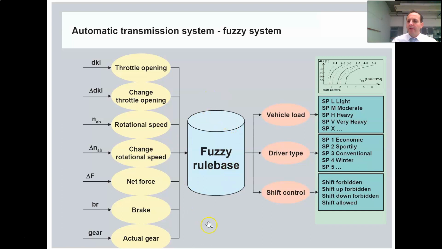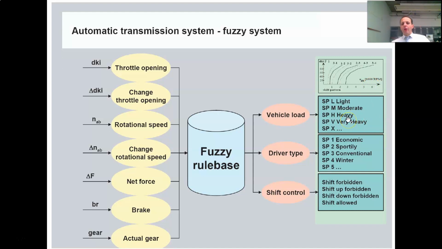So you will have a fuzzy rule-based system which evaluates and also depends on the vehicle load, the driver type, the shift control, and, if you remember, the curve which depends on, for example, the slope of the road, or the throttle, which in turn depends on the speed of the engine.